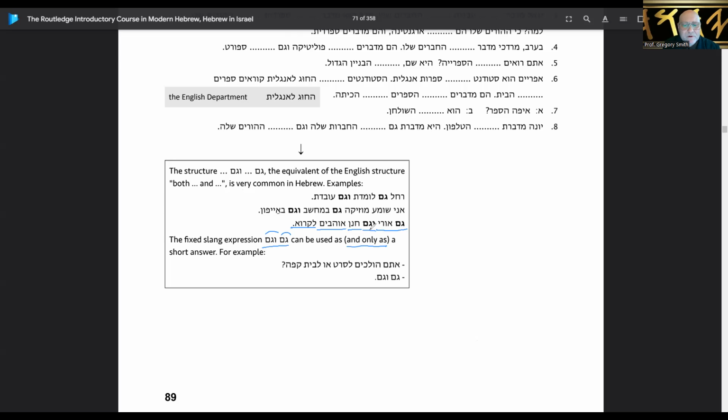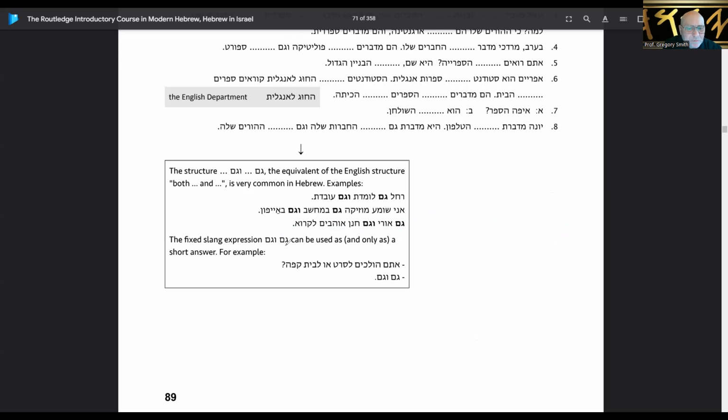It's very common in Hebrew. Okay. Both Ori, okay, so in this case, both v'gum and also Hanan. So both gum Ori. So basically, this gum character and also it can mean both. Okay, both Ori, the gum Hanan, and also Hanan ohavim likro, like to read.